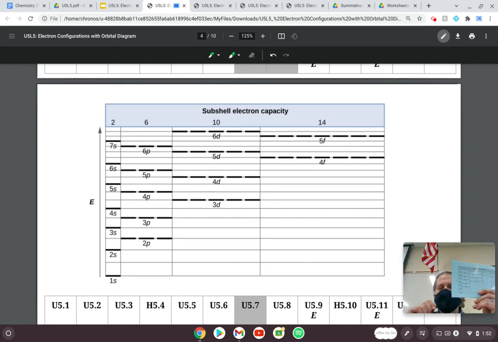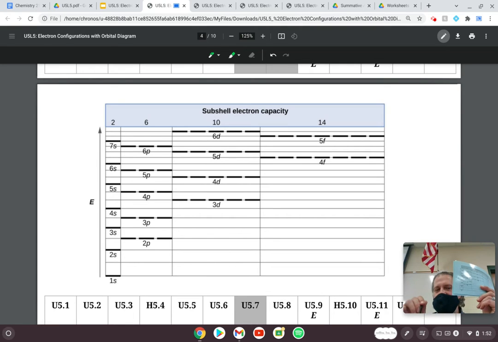And then the other thing that you might notice is there's labels like 1s or 2s or 2p or 3d or 4f. Those letters are the shape of the sublevel or subshell of the energy level. And then lastly, each dash that's represented there can hold a total of 2 electrons.